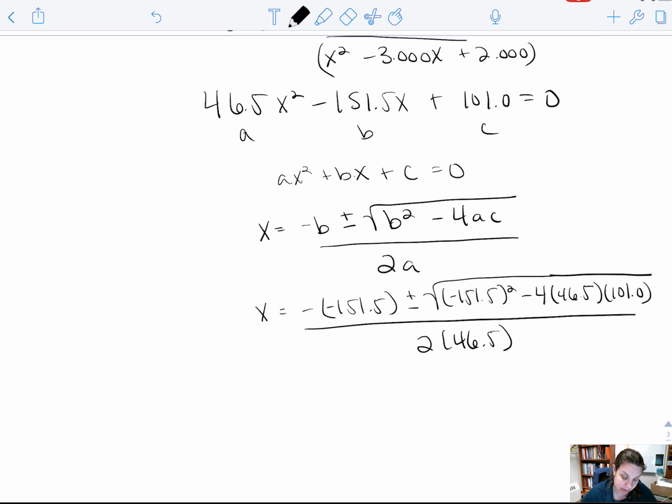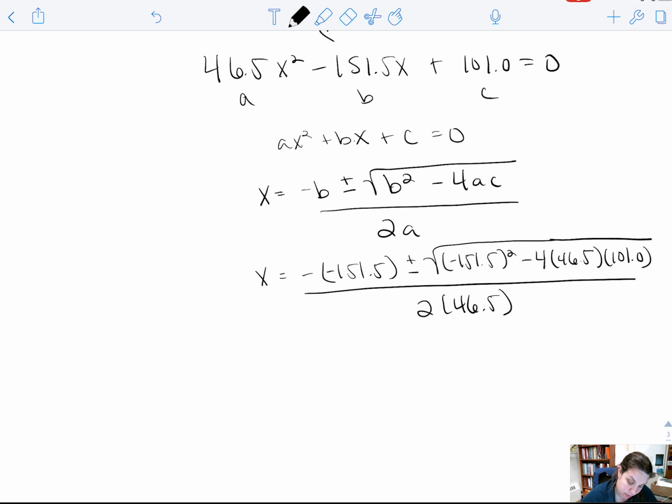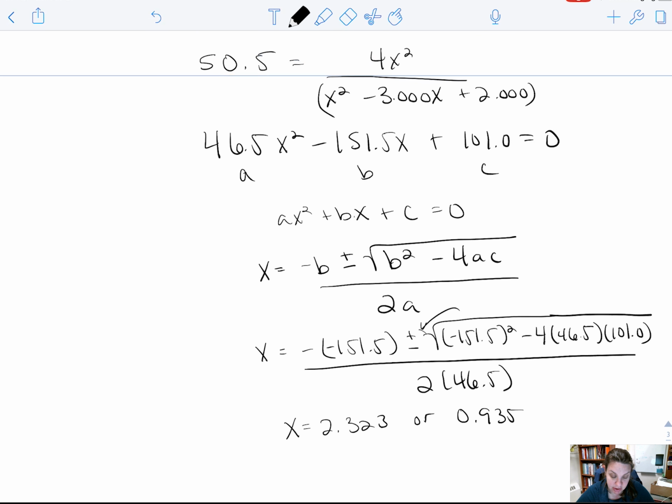Put them into my quadratic equation, and once I solve, I'm going to get two values, because there is a plus or minus here. So I'm going to add it together, then subtract it, and I will get 2.323 or 0.935. We're going to be subtracting this value from our initial concentration.